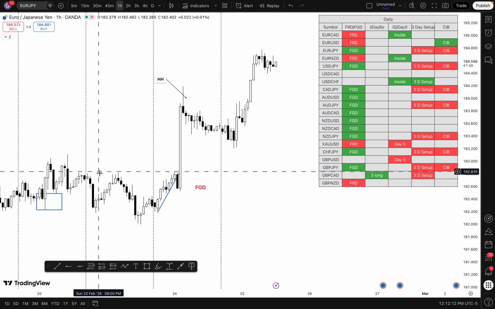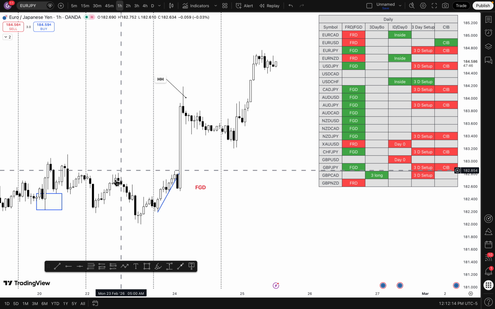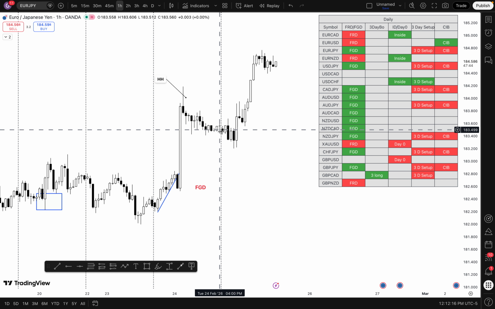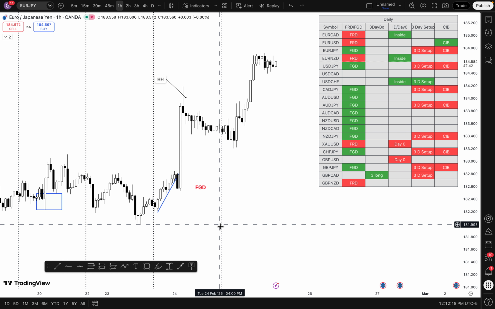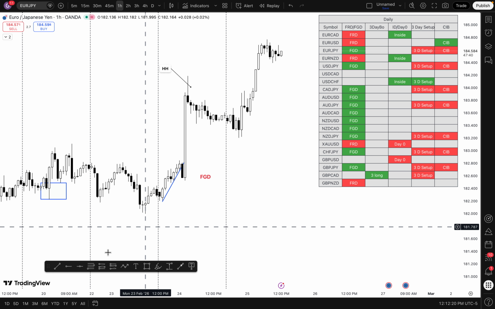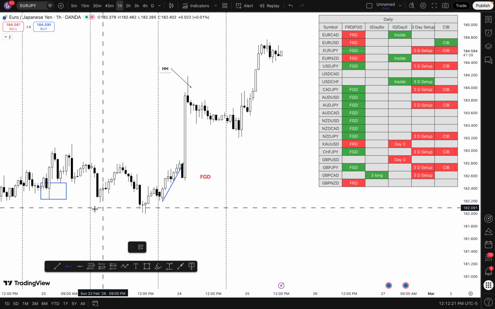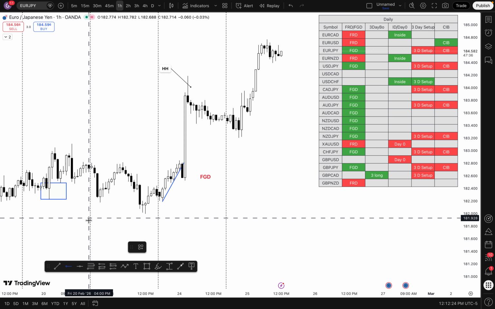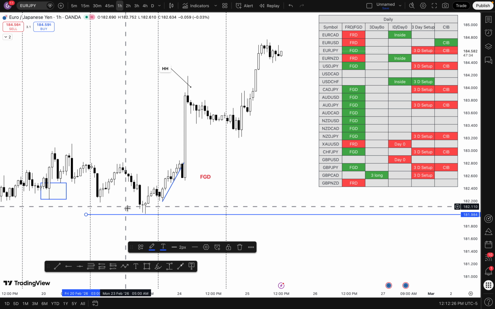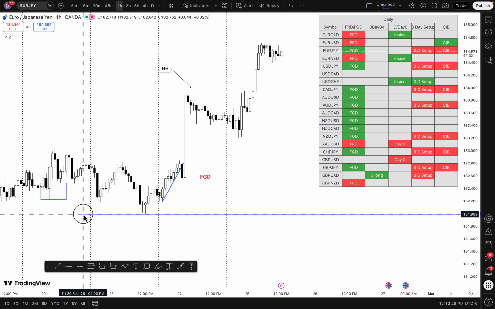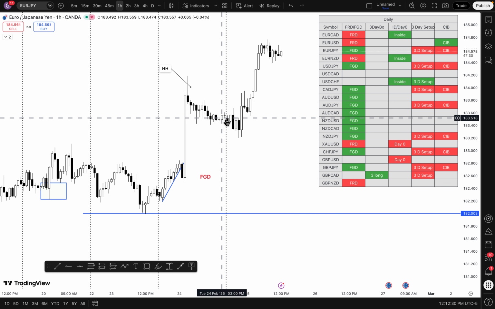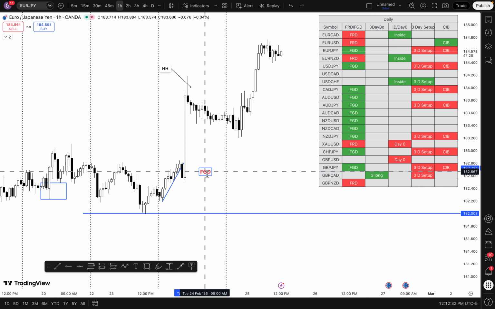Yesterday's high, we closed above yesterday's high, so it's a close in breakout, and it's an FGD. What do we want to see that makes up an FGD? We need a low of week to be locked in, and we need a market that will close above the previous close. It's an FGD.